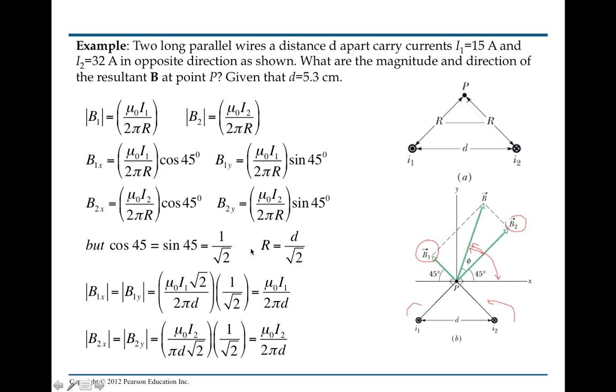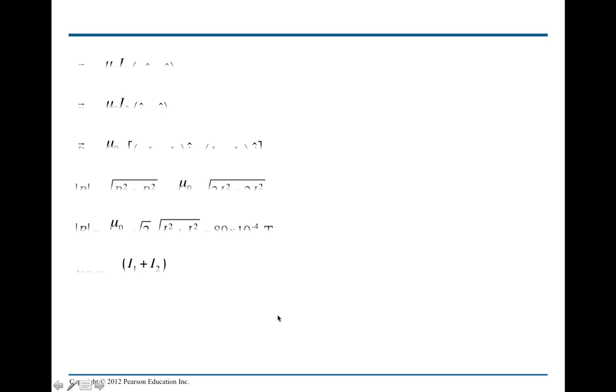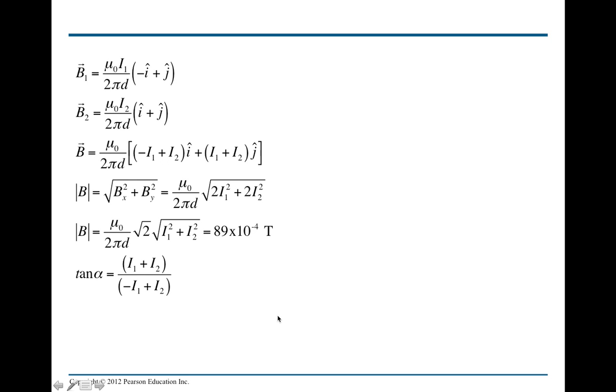Knowing that cosine 45 is D over R, or sine 45, I can find R. R is simply D over 2, so from here you can find the relationship between R and D, then find B1x and B1y, and from there the total magnetic field.